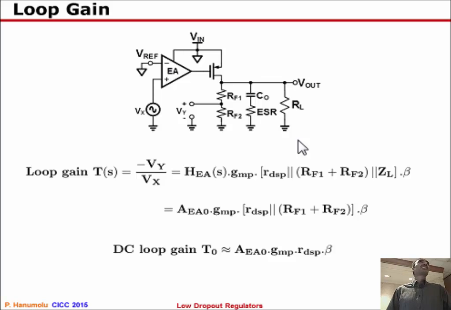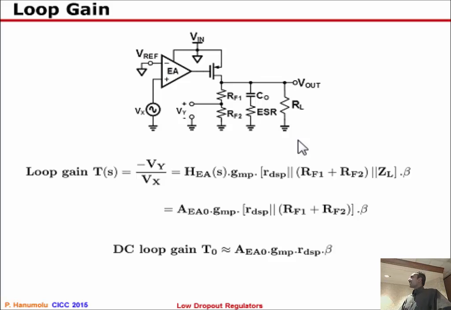But modern simulators actually give you ways to not break the loop. For example, STB analysis in Spectre allows you to do the loop gain calculation, including the loading effects, by not physically breaking the loop. But for ease of explanation, I'm going to simply break the loop and account for all the loading effects by adding some capacitance at this node.